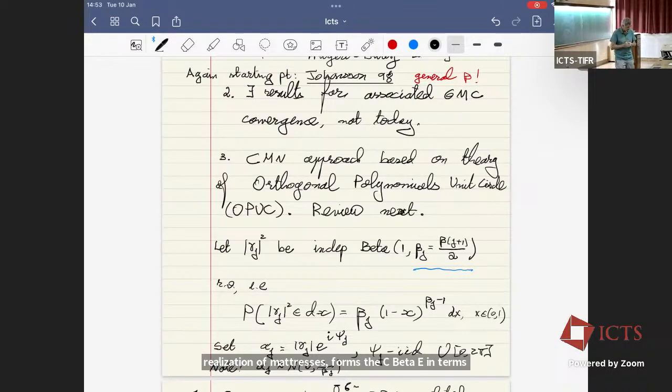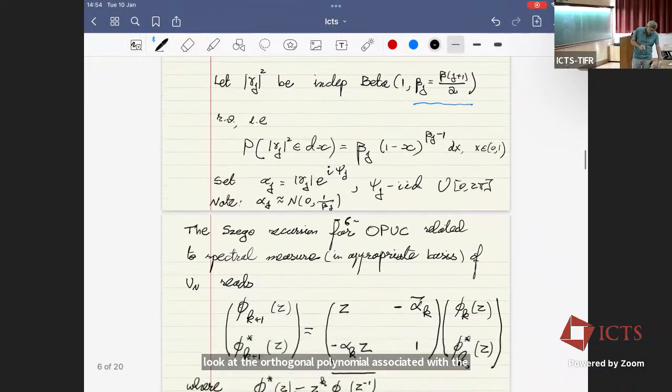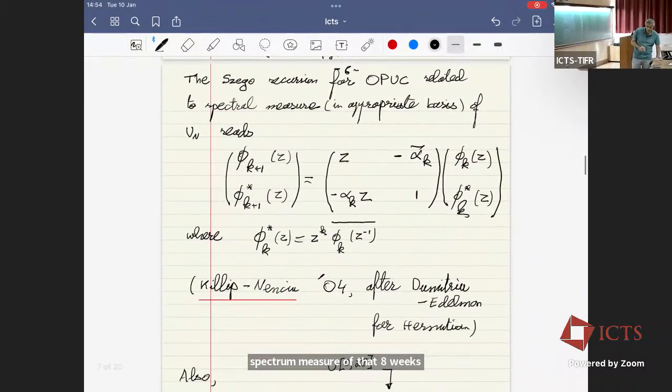This goes back to work of Killip and Nenciu, and you can look at the orthogonal polynomial associated with the spectral measure of that matrix. The best source for looking at exactly how this is done is the classical book of Barry Simon on orthogonal polynomials on the unit circle, which will give you more than you ever wanted to know on these objects. The point is that you have a recursion for these orthogonal polynomials.